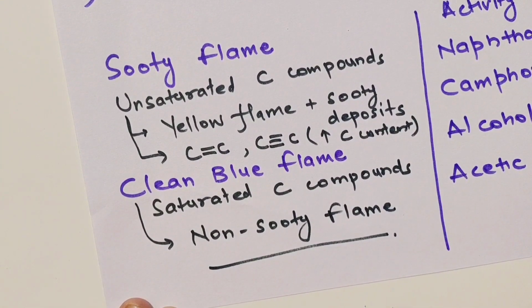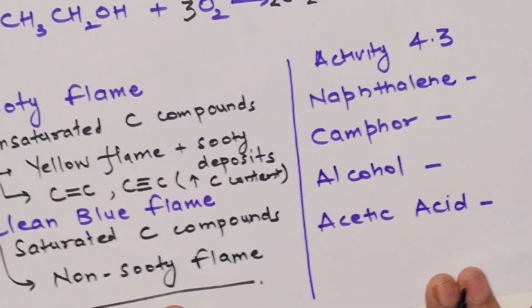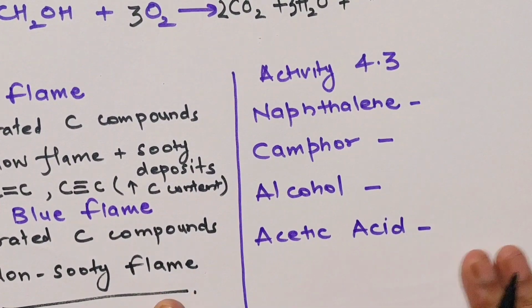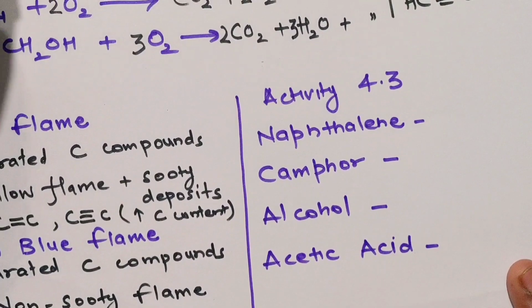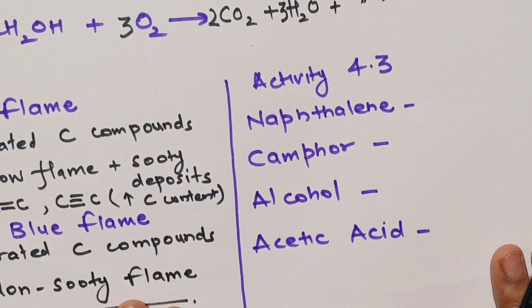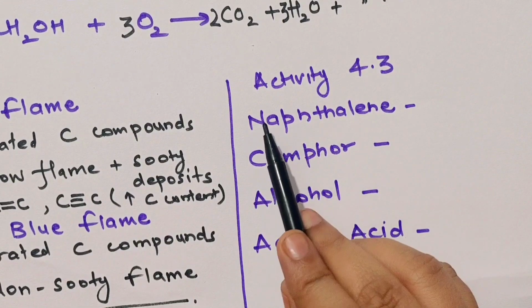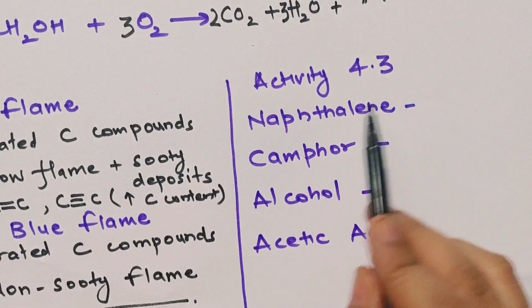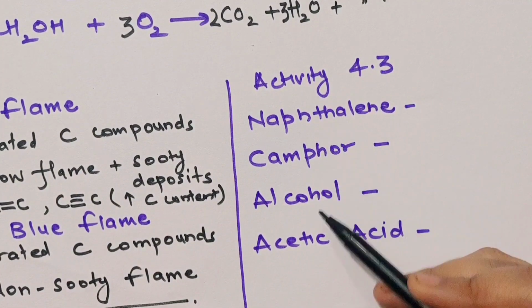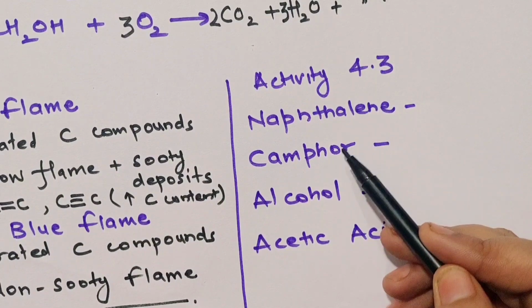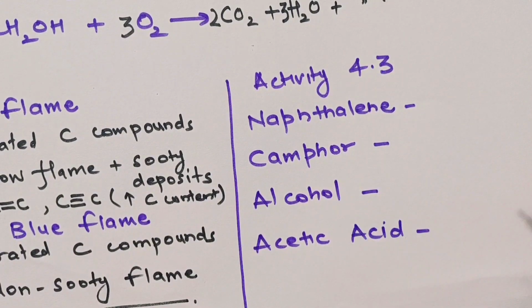Alright. Now, the thing where students get confused sometimes is this. Let's talk about activity 4.3 and we will see where the students get confused. Activity 4.3 says that you have taken some substances, these three substances, naphthalene, camphor and alcohol, in a spatula, and you have introduced them into flame.